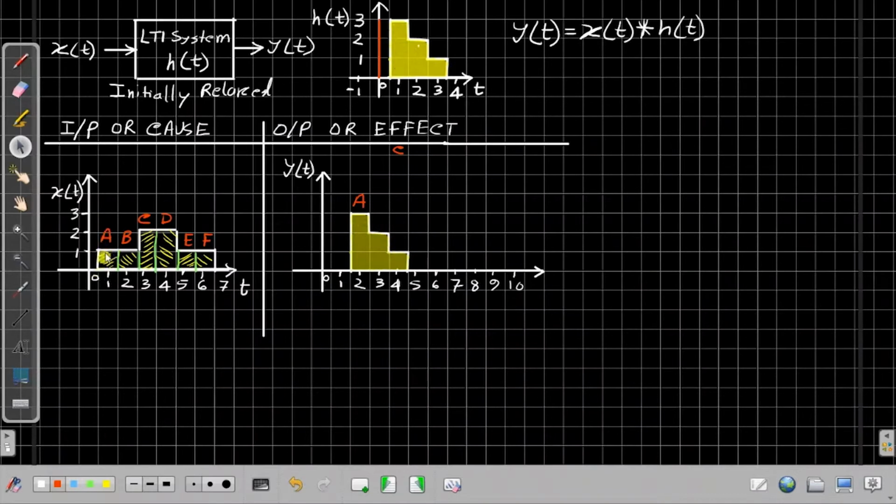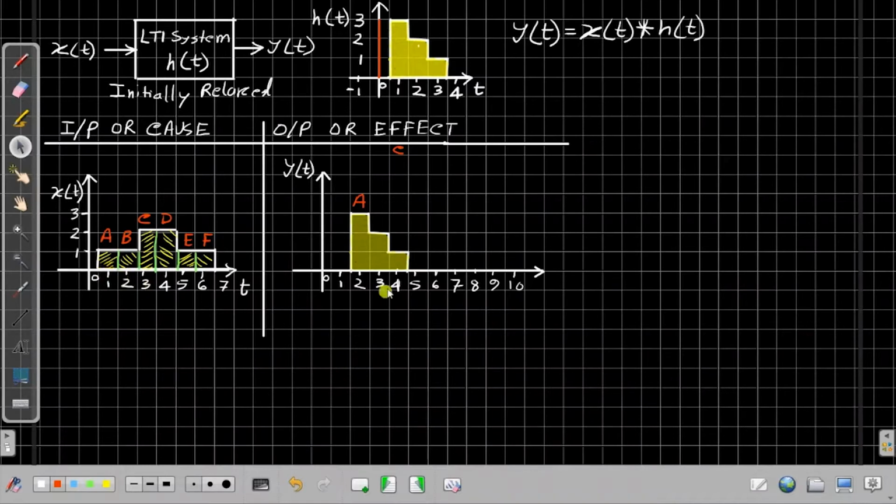Consider slice A. Slice A is so narrow, so thin, that it occurs at one particular instant of time, but its effect lasts for a longer duration depending on the width of the given impulse response. So this slice of input occurs at this point.